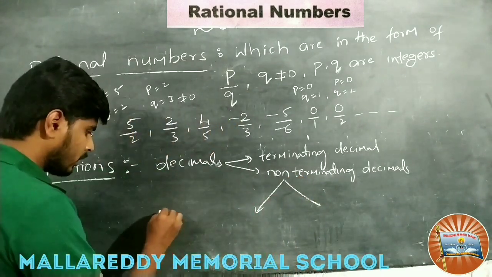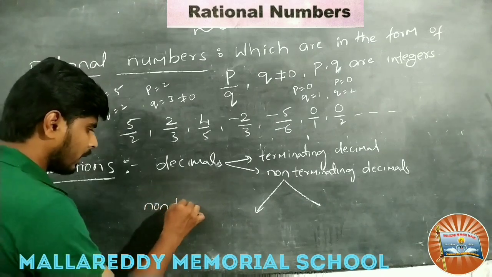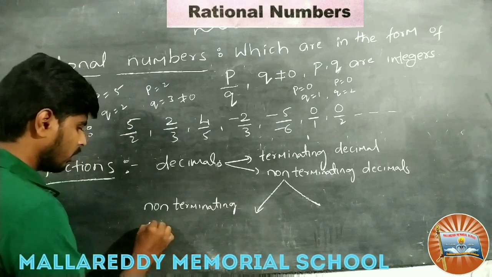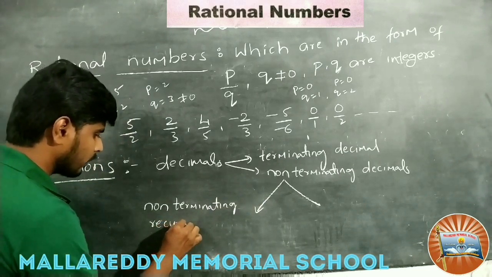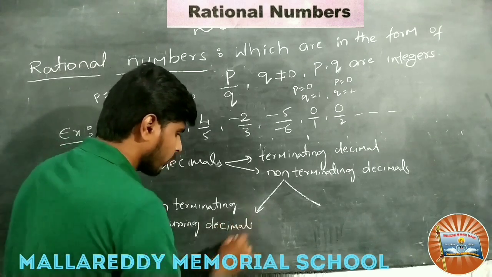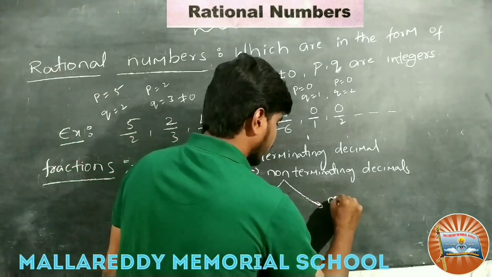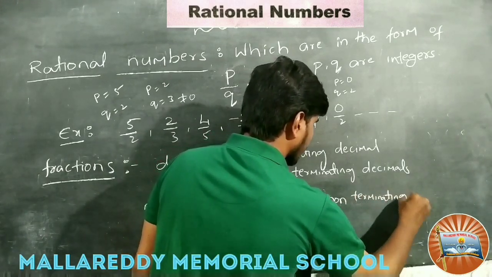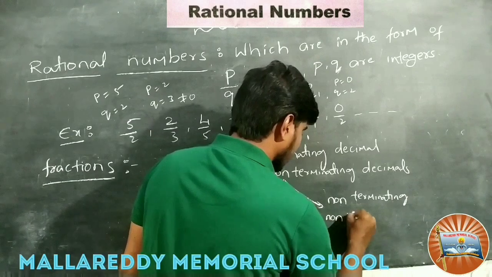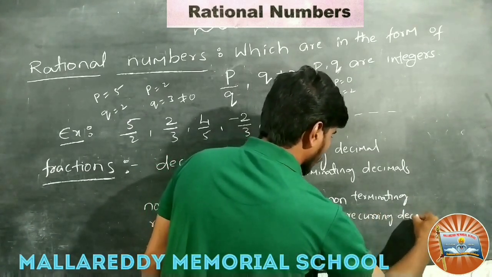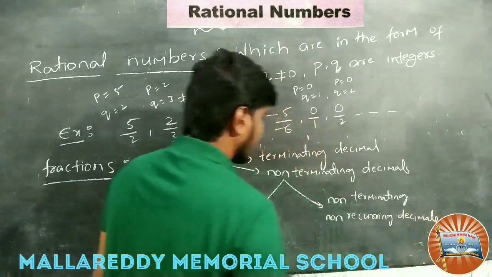One is non-terminating recurring decimals and the other is non-terminating non-recurring decimals. So look at the examples.